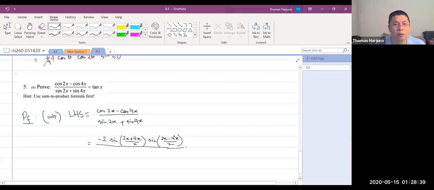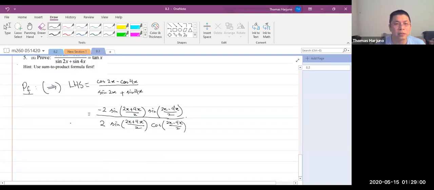And then for the bottom one, it will be 2 times sine half of sum cosine half of difference. Let me simplify.